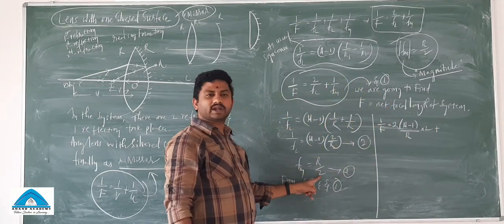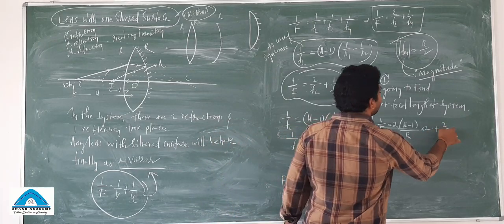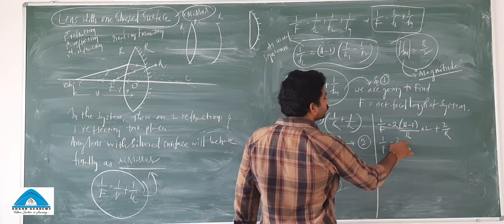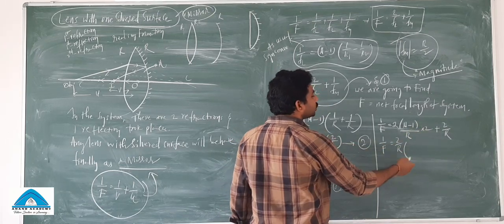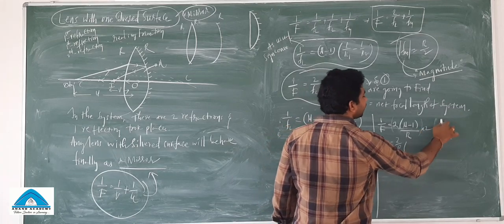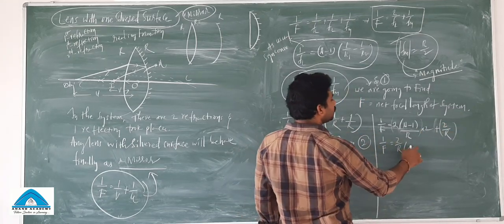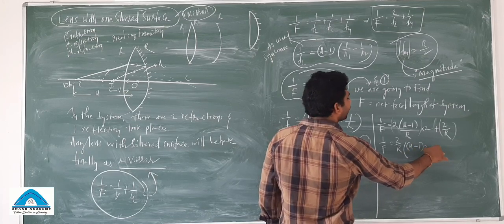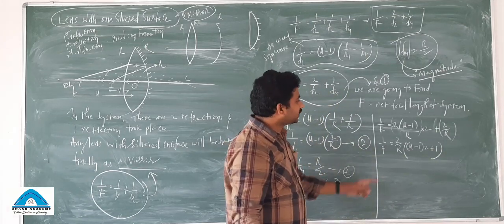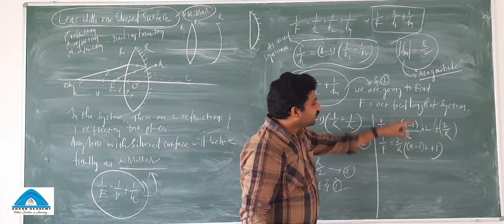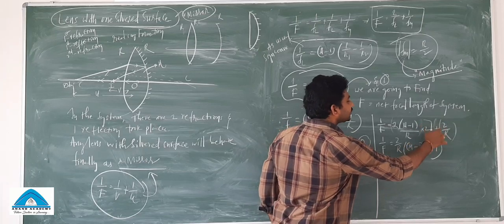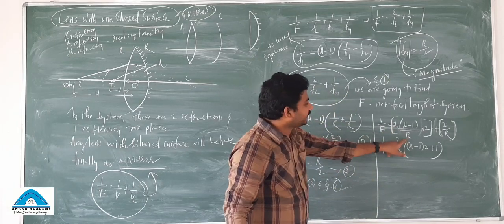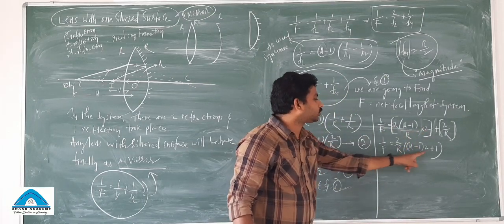Your Fm is R by 2, so 1 by Fm will be 2 by R. So what can I write? 1 by F is equal to, 2 by R you can take common from both the terms. This is one term and this is another term. Here you get mu minus 1 into 2 plus 1. Again you can check: 2 by R only I have taken common. From the first term, 2 by R is taken common, you have 2 into mu minus 1.